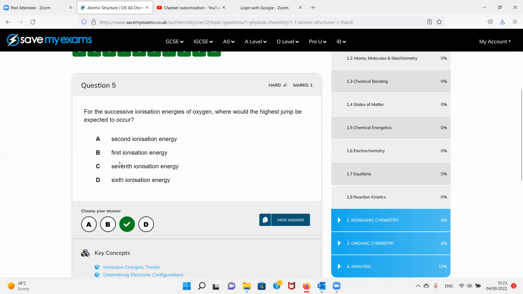So in the case of oxygen, we know that it has 8 electrons.